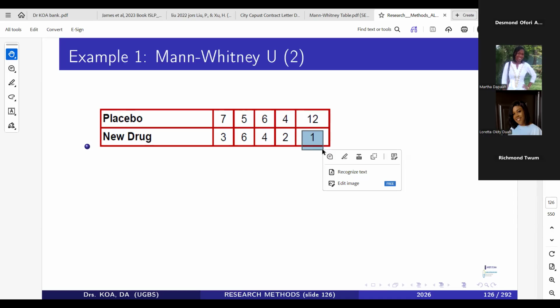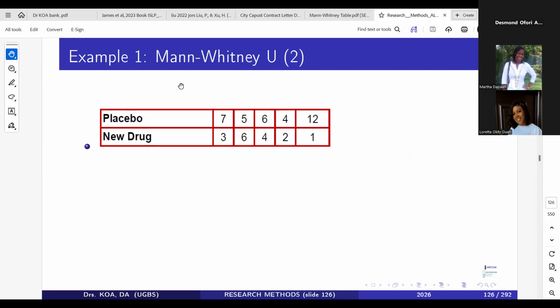So I'm saying that the new drug is more effective because it reduces the number of episodes of shortness of breath that the patient gets as compared to placebo. That's all you should say. You shouldn't be picking on the individuals. You should speak in general or average terms. Very good, 2 marks. So that's how it's supposed to be executed.